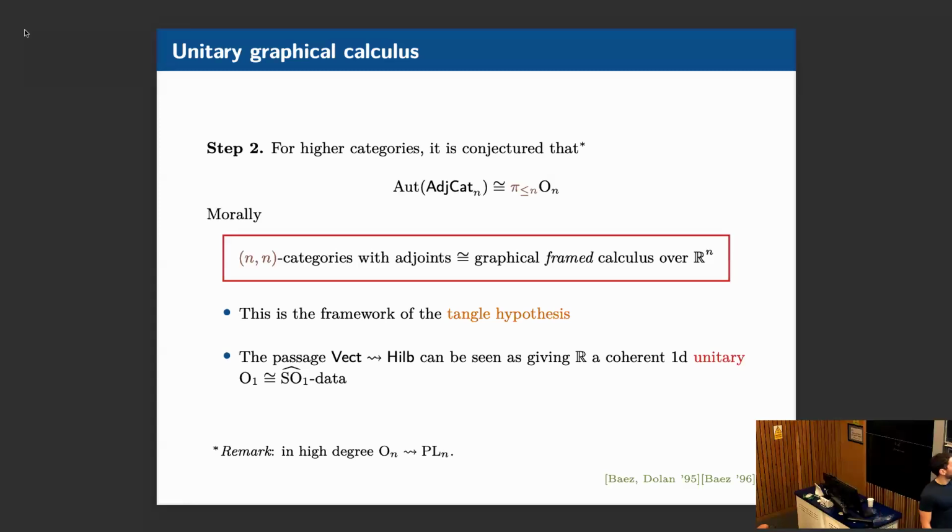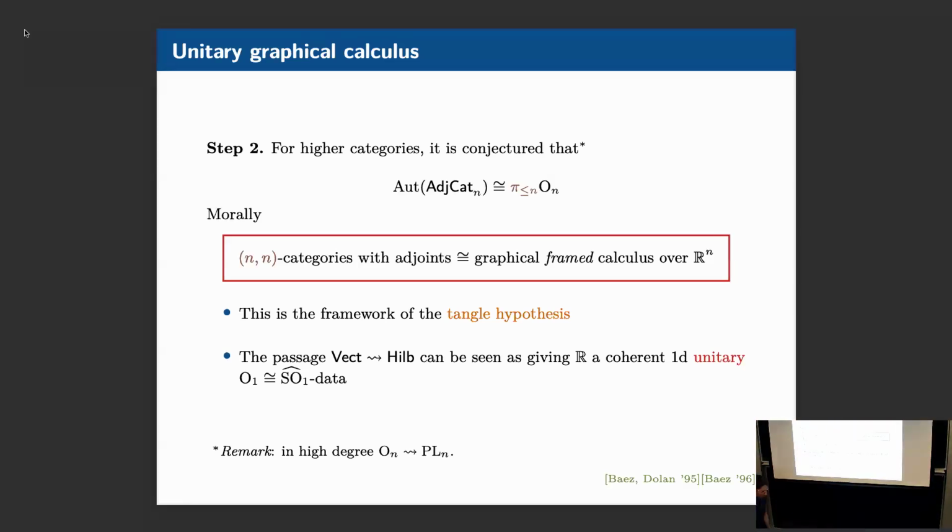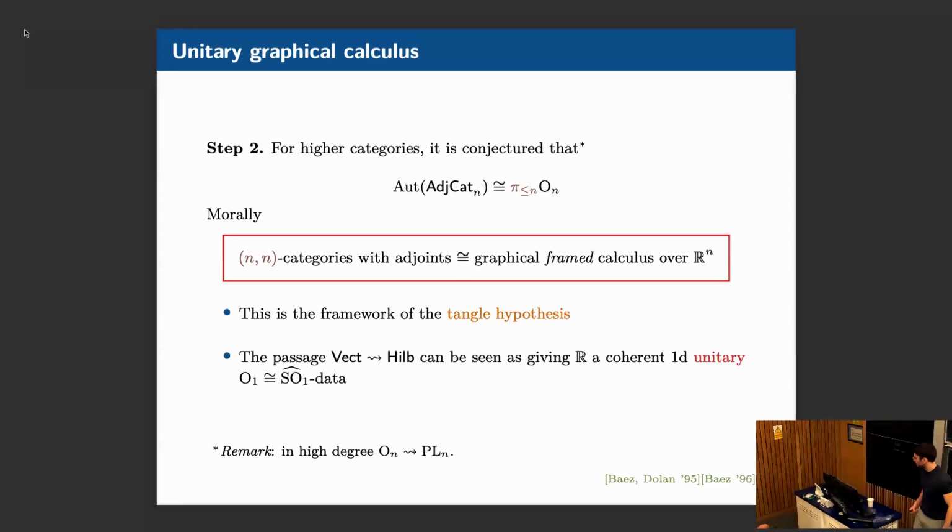And when we make this kind of statement, we are in the realm of the tangle hypothesis. But this is not all we want, because we said, look, we are interested not just in framed topological defects, but rather in defects which have some kind of orientation. And these orientations need to be compatible with the notion of unitarity.